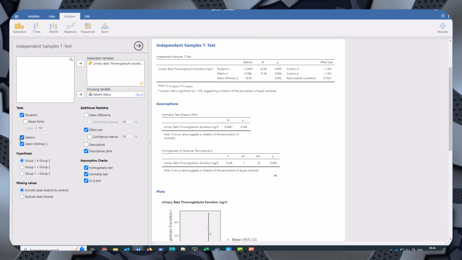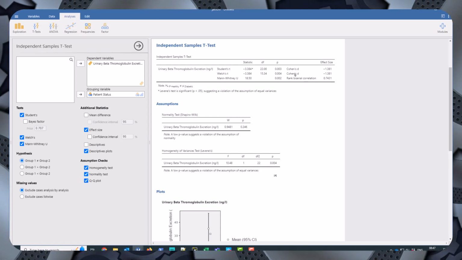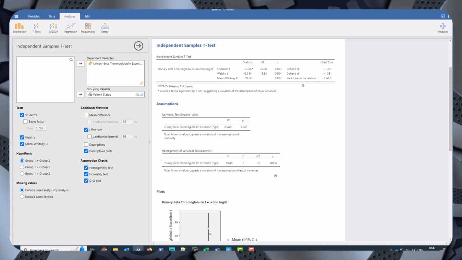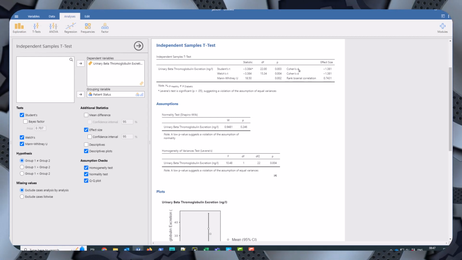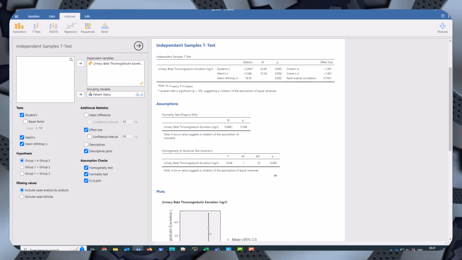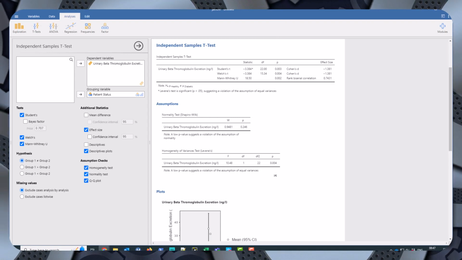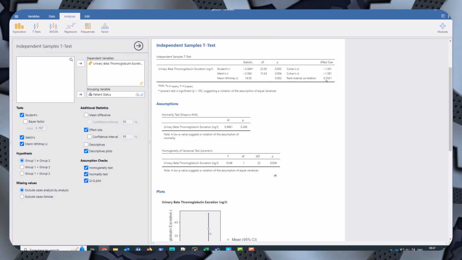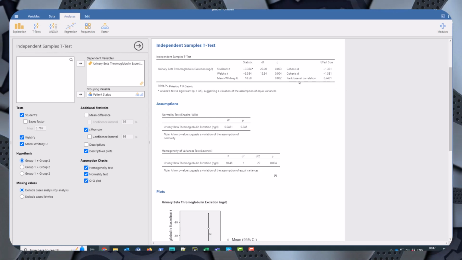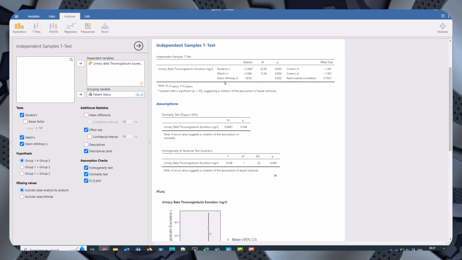But Welch's test is perfectly valid. Oh, and it also tells you that the effect size is calculated as Cohen's d, which is good. So you can look up Cohen's d and see what those different effect sizes mean, whereas this one is a different calculation, so it's not really directly comparable.